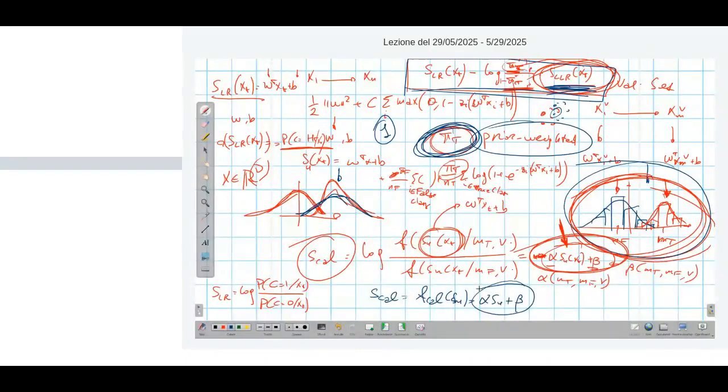What can we do? Before, we were training a generative model on the scores. Now we've shown under which condition the prior weighted model will give us something that behaves like a well-calibrated log-likelihood ratio. So what can we do?